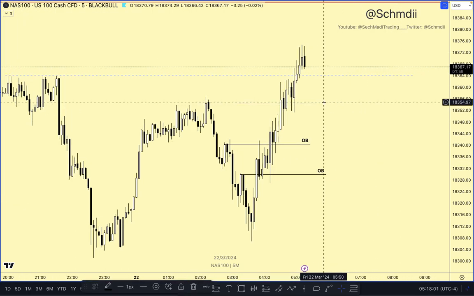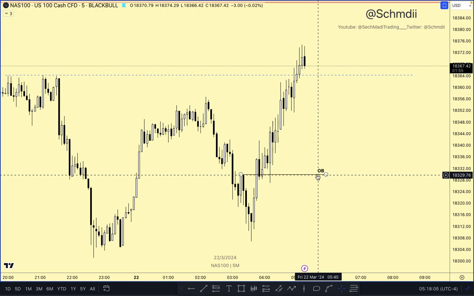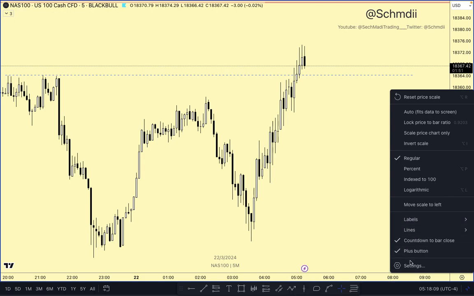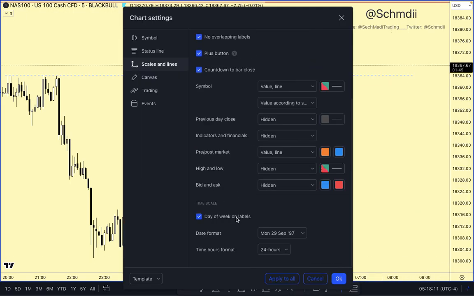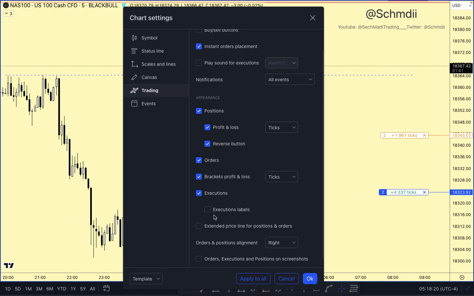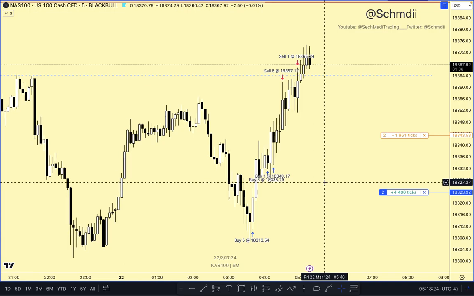But I'm gonna remove that as well. Gonna open this up, go to settings, and turn on everything, so positions, orders, executions, and the labels. So here we are.